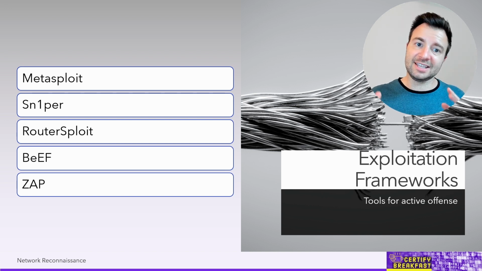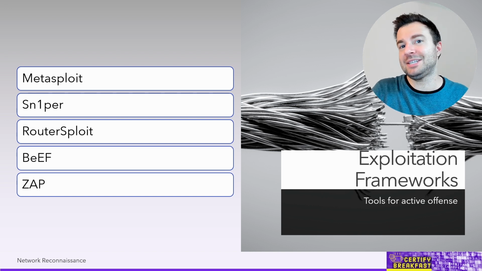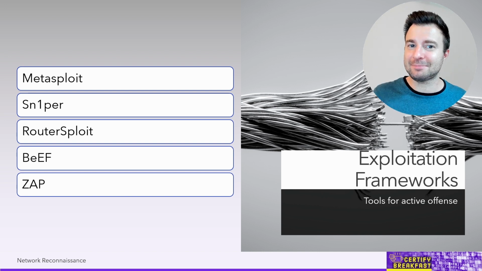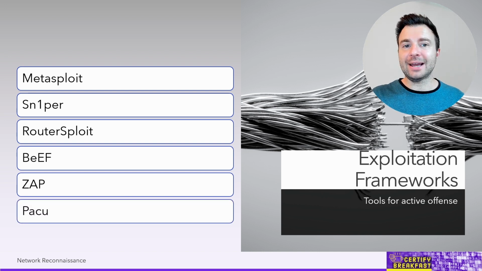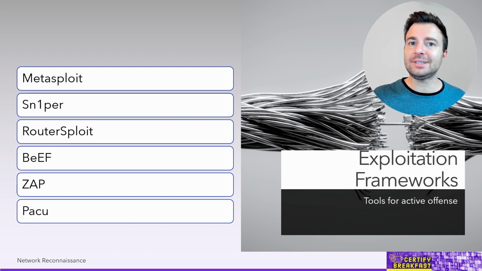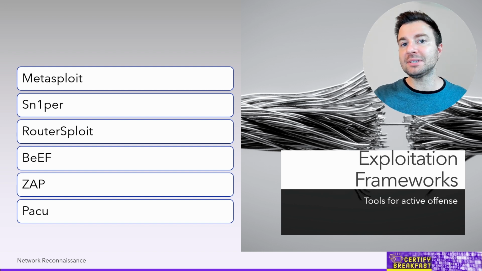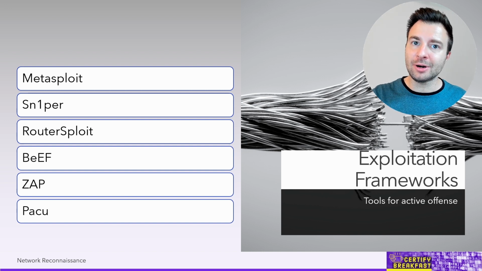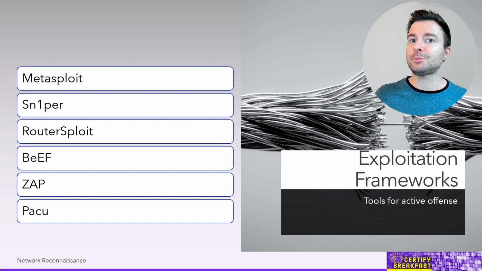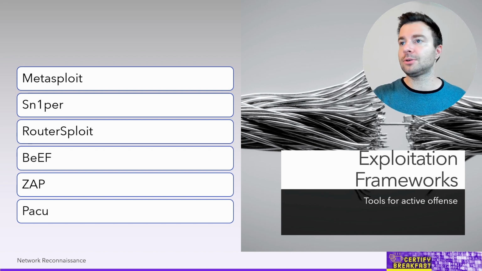And well, those tests in the wrong hands become attacks, hence the name Z attack proxy. And finally, there's PACU. That's a tool dedicated to performing a security assessment, not on your own network, but on a cloud infrastructure that you might have purchased from vendors like Amazon, Google, Oracle, Microsoft, and so on.